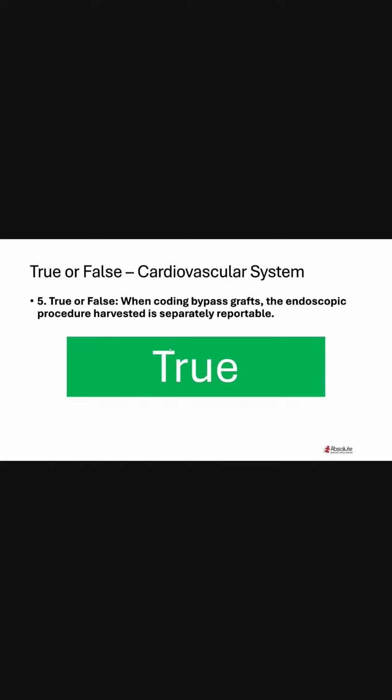You know what? The answer is true. Outstanding. Absolutely. Anytime there's an endoscopic procedure, you're going to code that endoscopic code. There is one, 33508 for veins and 33509 for arteries.